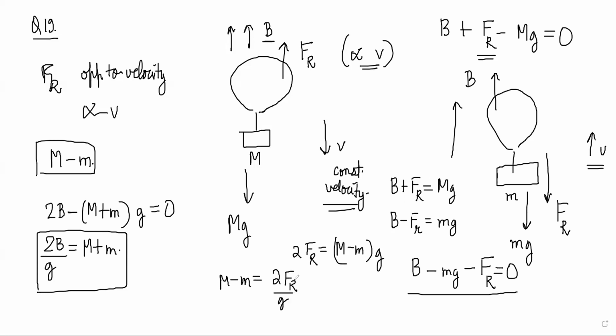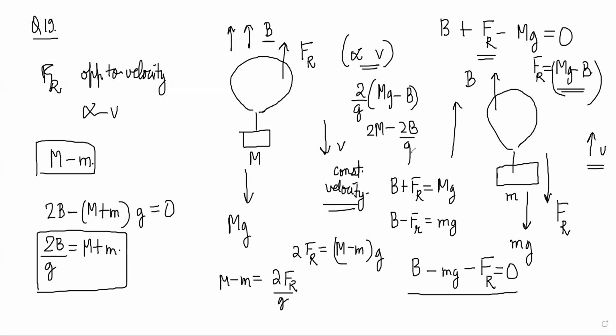Yes. And now I need this, but Fr I don't know. Fr is actually what? Mg minus B. Yes. So you can say 2 by g into this Fr. 2 by g into (Mg minus B) should be your M minus m. So it is basically 2M minus 2B by g.